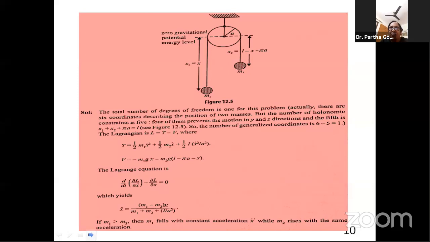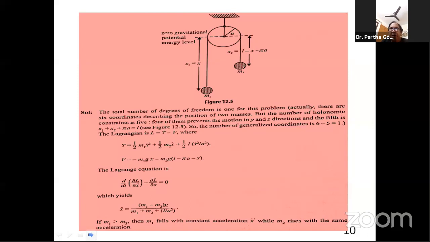So there has to be only one generalized coordinate. As I said, the first step is the identification of generalized coordinates. So I shall have only one Euler Lagrange equation in terms of the generalized coordinate x. I think I am clear to everybody.